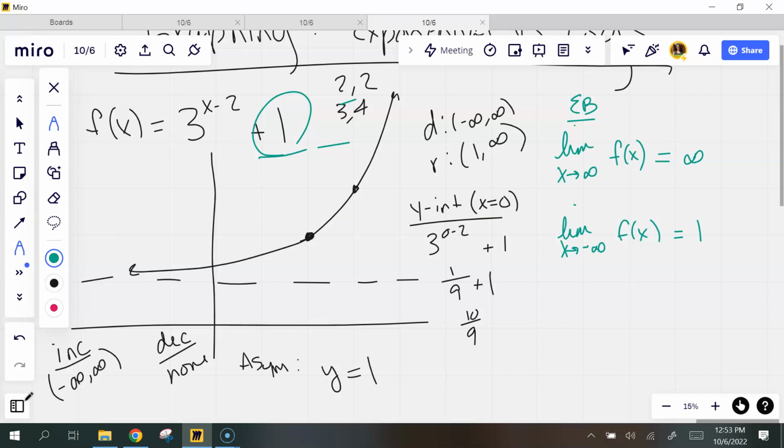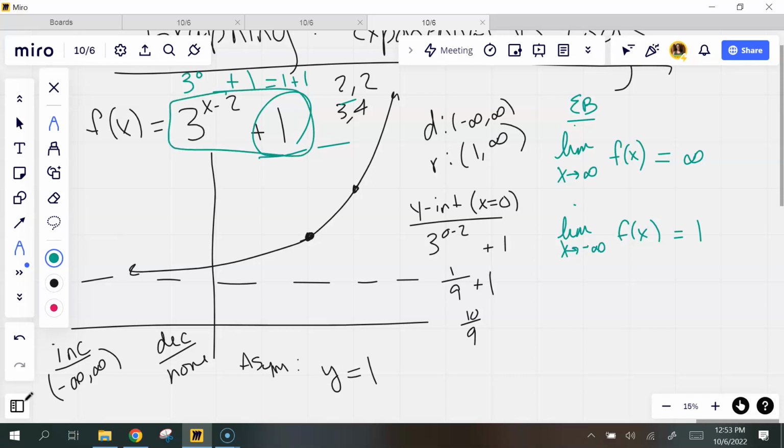How do you plug in the points today? 3 to the 0 power is 1. What is 1 plus 1? Here's the equation. Look at your sheet.